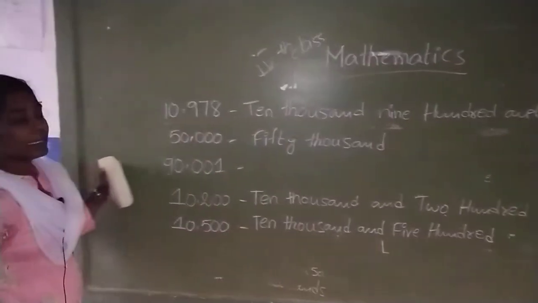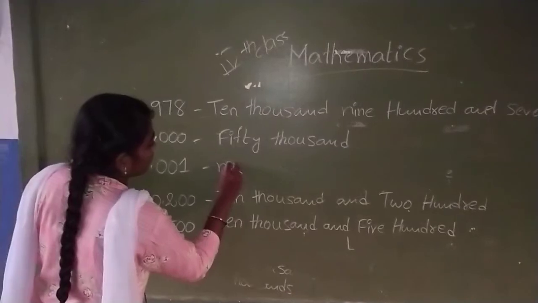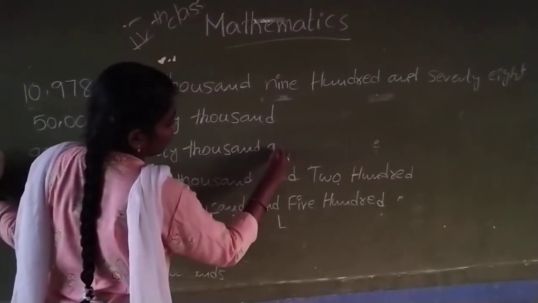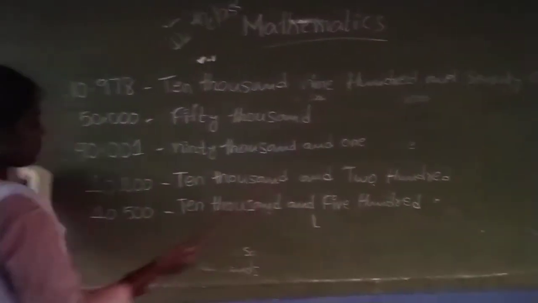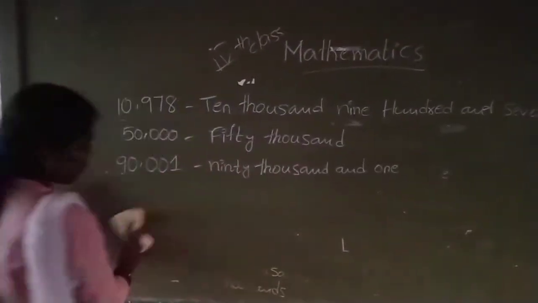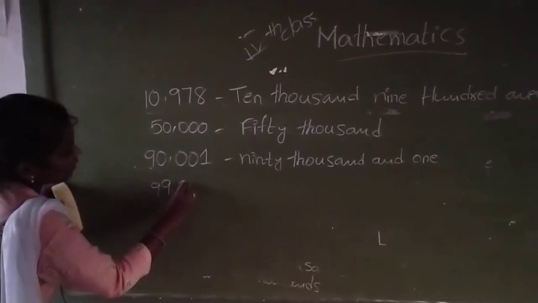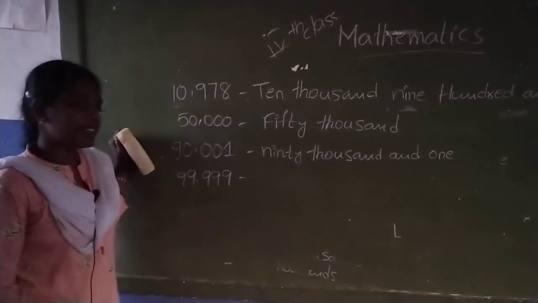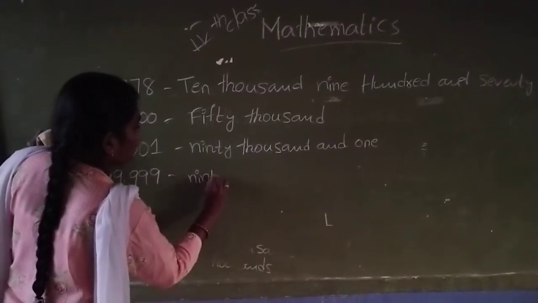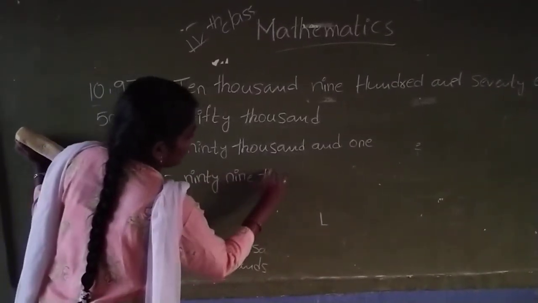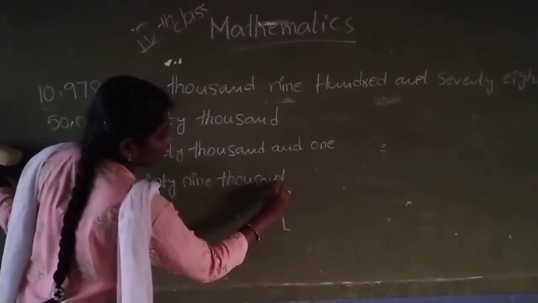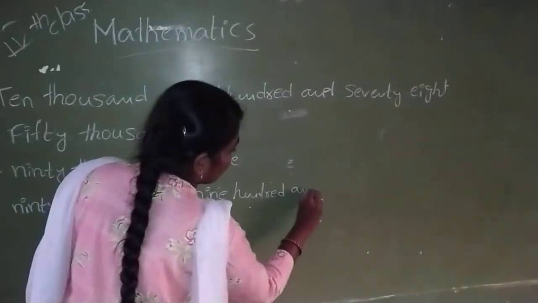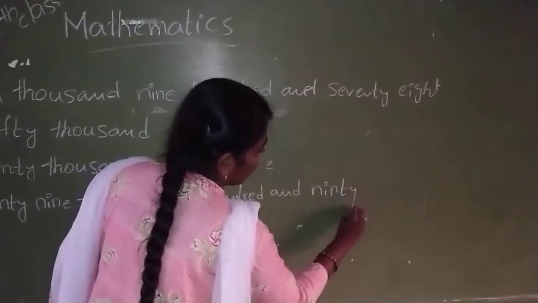This can be read like this: 90,001. This can be read like this: 99,999.